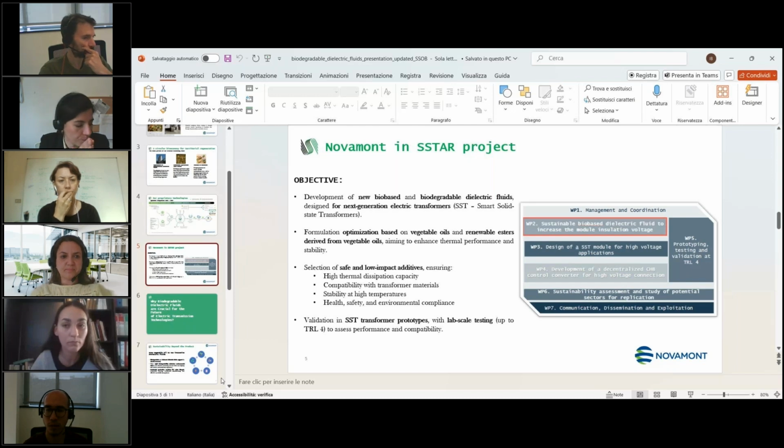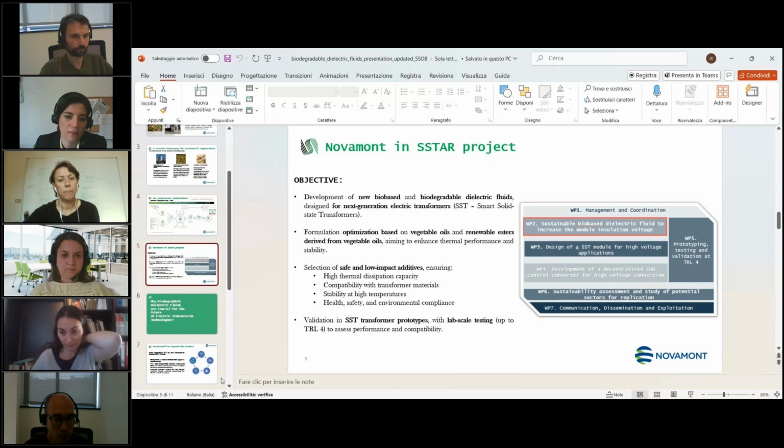In fact, insulating fluid must ensure that certain performances of insulation must be maintained, and also that using the right dielectric fluid ensures also a safer use of the SST modules.